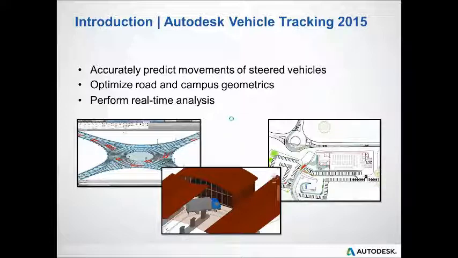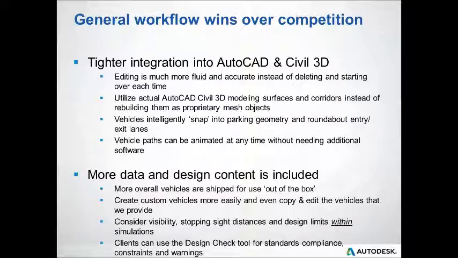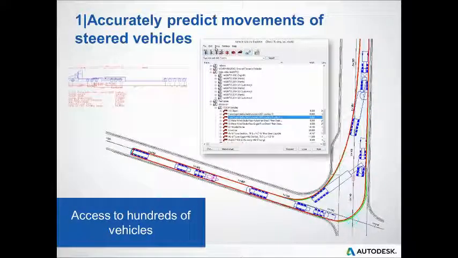So if we look at Autodesk Vehicle Tracking in comparison to AutoTurn, we look at tighter integration into AutoCAD and Civil 3D editing, Civil 3D modeling, vehicle intelligence, parking geometry, roundabouts. Vehicle paths can be animated at any time without needing additional software.